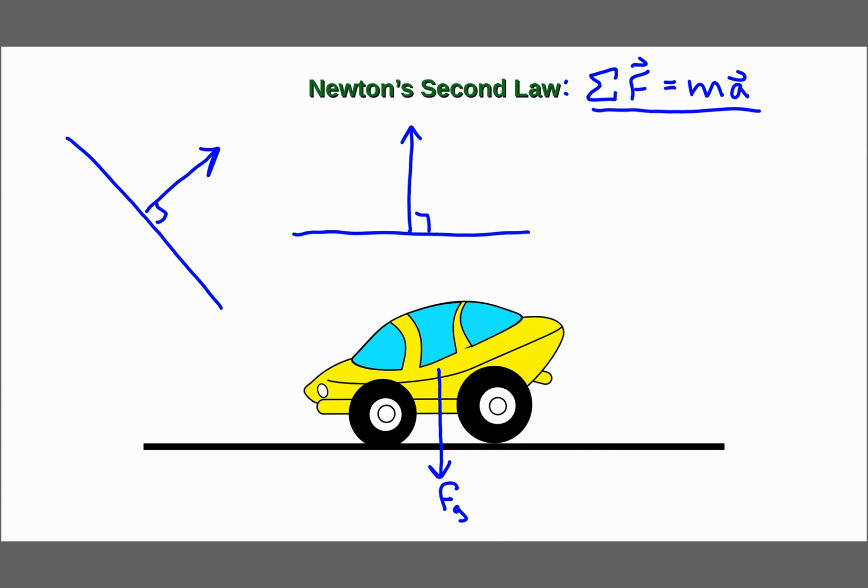So in this case, what we have is a car sitting on the ground with gravity pulling down and the normal force pointing back up. We have the interaction between the earth and the car giving a force that's down, and the ground giving the force that's up, and the car isn't moving.